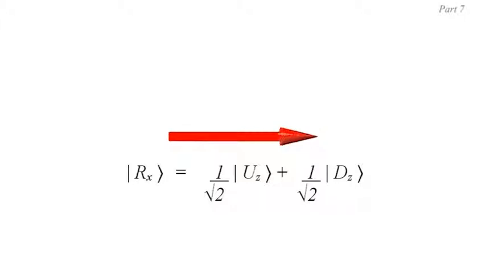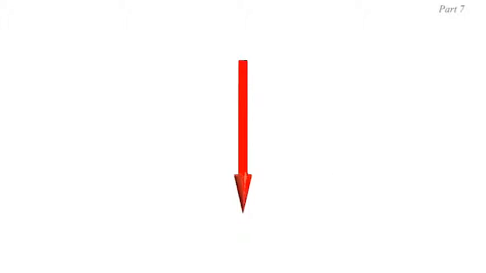We demonstrated this early on when we went through some rather repetitious exercises on calculating expectation values. For example, we showed that for a spin in the positive x direction, the expectation value of sigma z was 0. That seemed fair enough. Now contrast this with the situation where the electron is completely in the down state. In that case, the state vector is simply given by the down state.